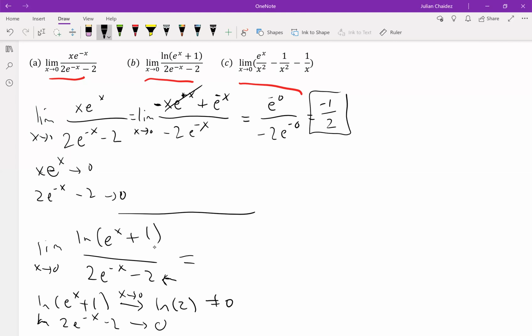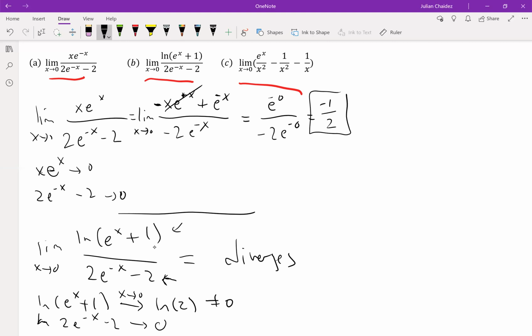So if x is coming to 0 from the right, the top will be ln of 2 and the bottom will be a very small negative number, so the limit will be negative infinity. But since they don't say whether you're approaching x equals 0 from the left or the right, the best we can do here is just say that this diverges.